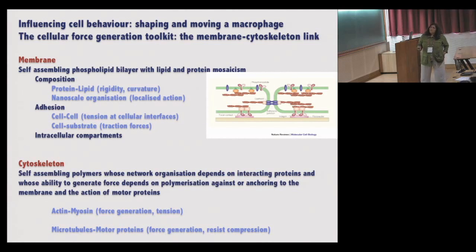So the membranes of cells are typically phospholipid bilayers that are not homogeneous in their composition. They have differences in the proportion of different kinds of lipids.